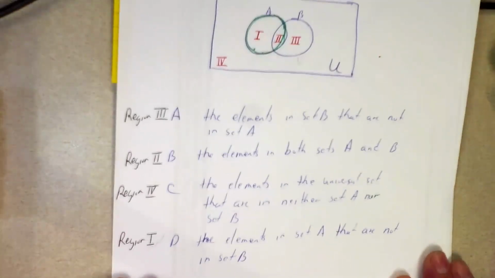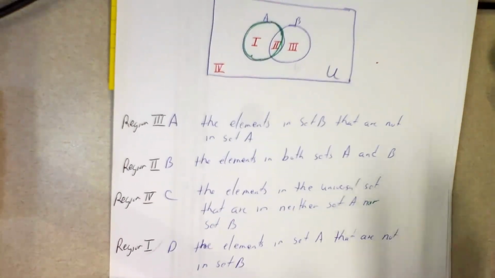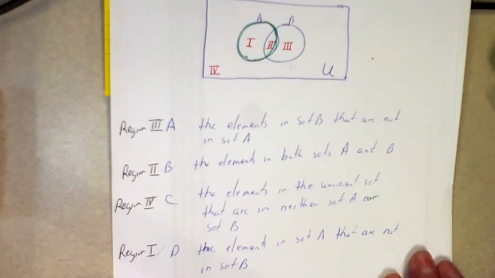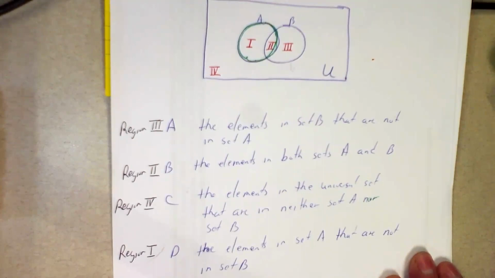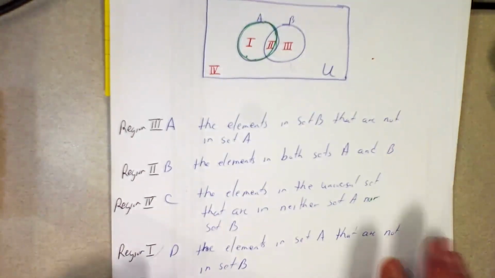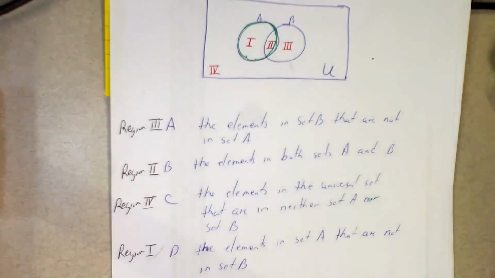Right. So that's the setup for the two circle Venn diagrams. You've got to know the regions of the parts that you're dealing with when you're dealing with two circles. All right. So the hard part is figuring out what goes inside the elements, and then from there you can actually answer the question.